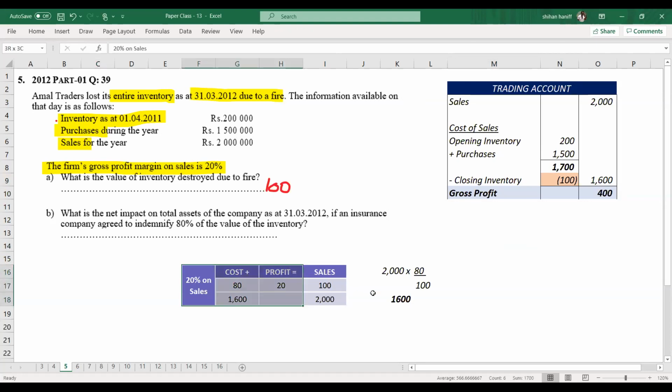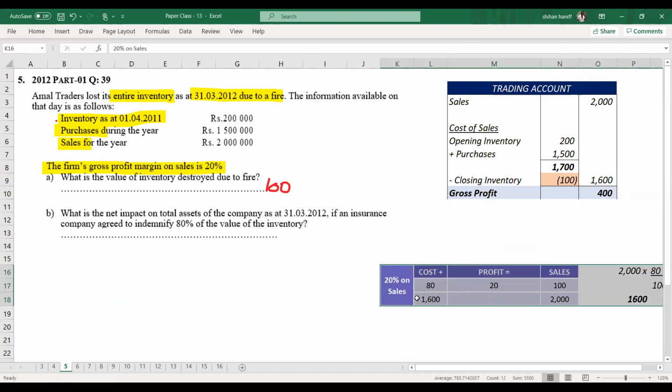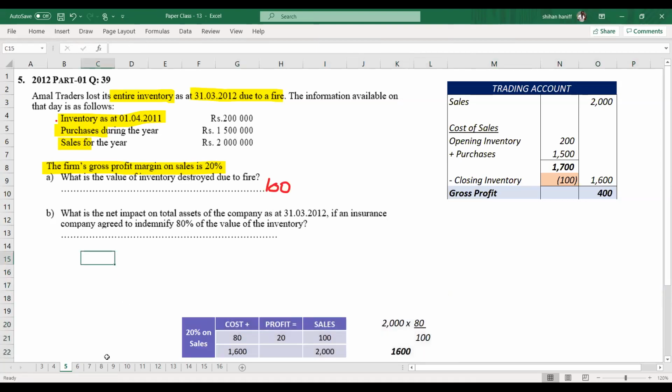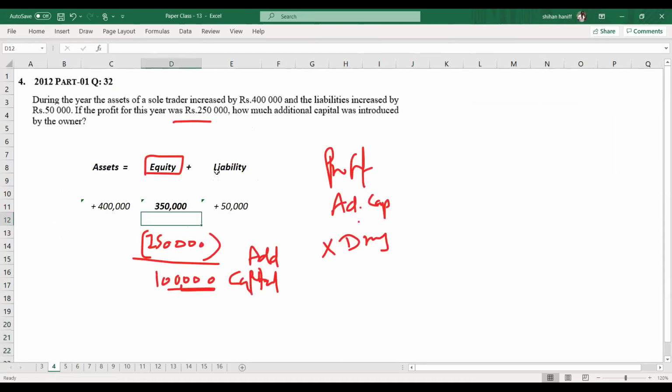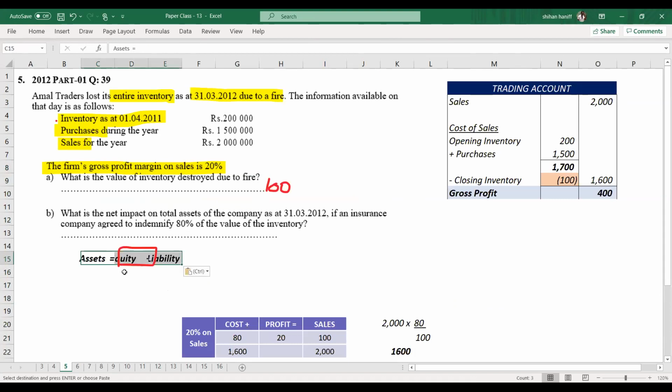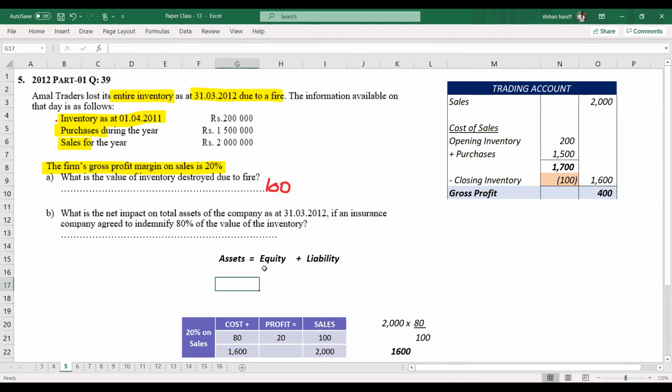If you write the equation, assets equals equity plus liabilities.